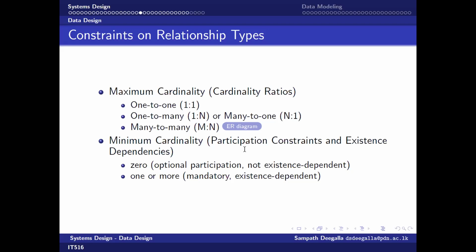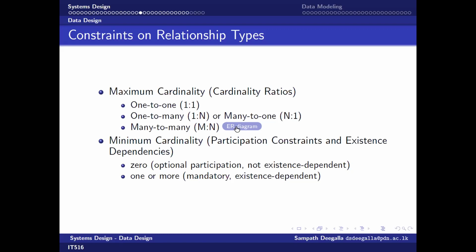So this is called minimum cardinality. Minimum and maximum cardinality are represented by drawing single lines or double lines. If it is compulsory, if you are saying that at least you have to have one, then you have to have a mandatory constraint. If it is optional, then you can have a single line, right?